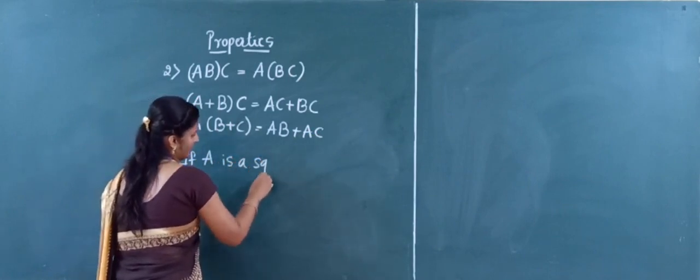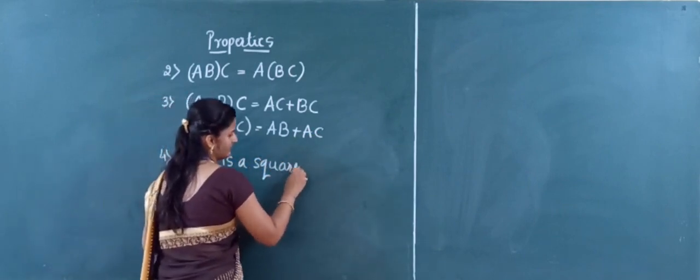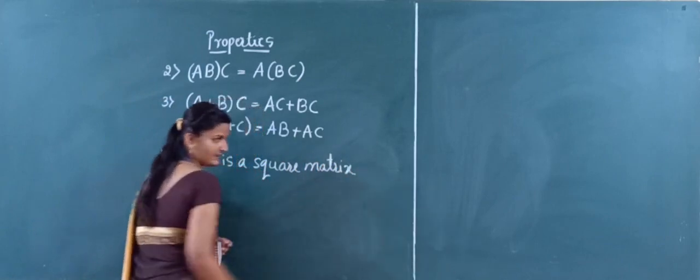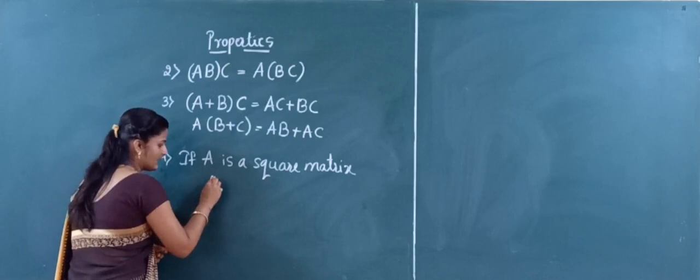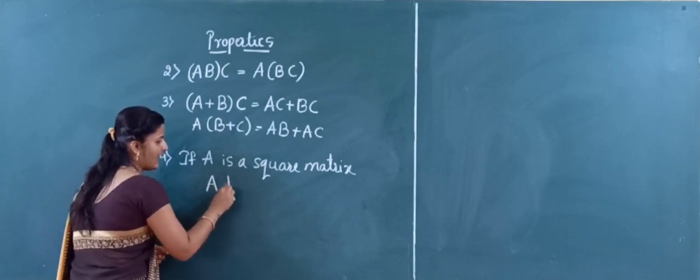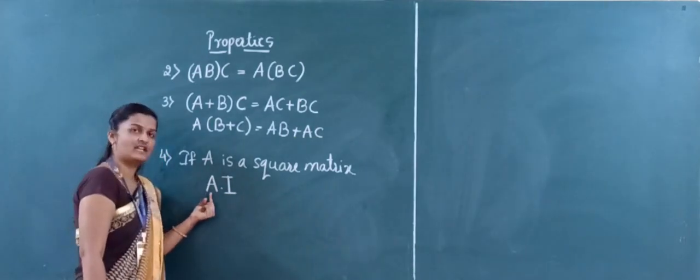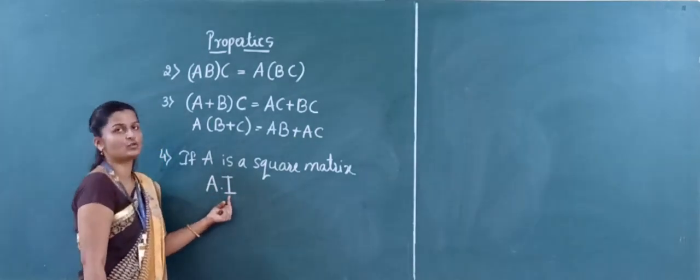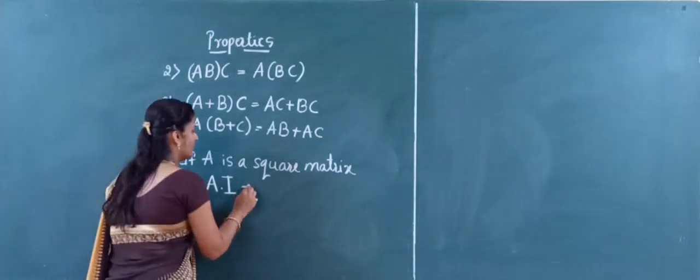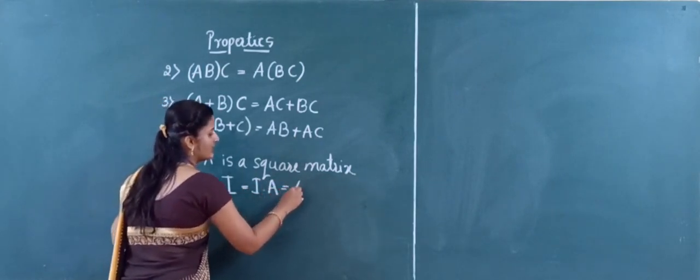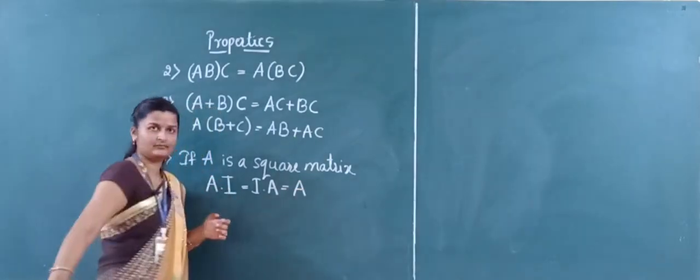Okay? So fourth property is, if A is a square matrix, and you multiply A to the identity matrix of the same order, if the order of A is 2 by 2, you have to take the identity matrix of order 2 by 2. Or if you multiply I into A, then also we will get A only.